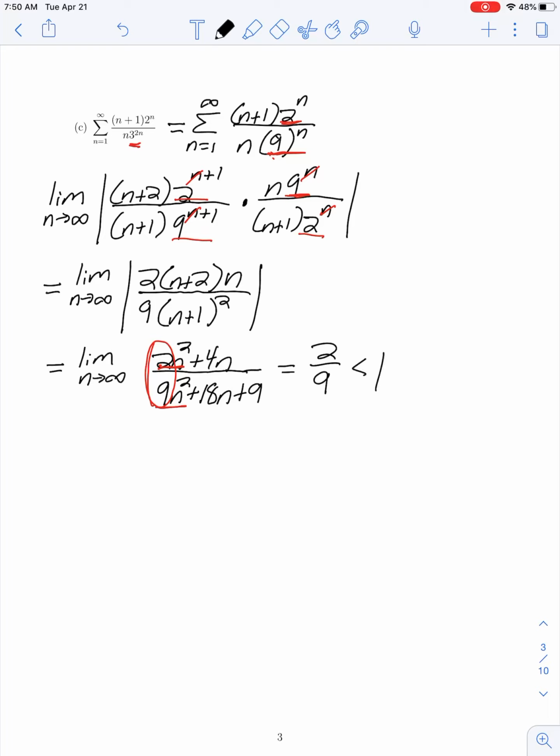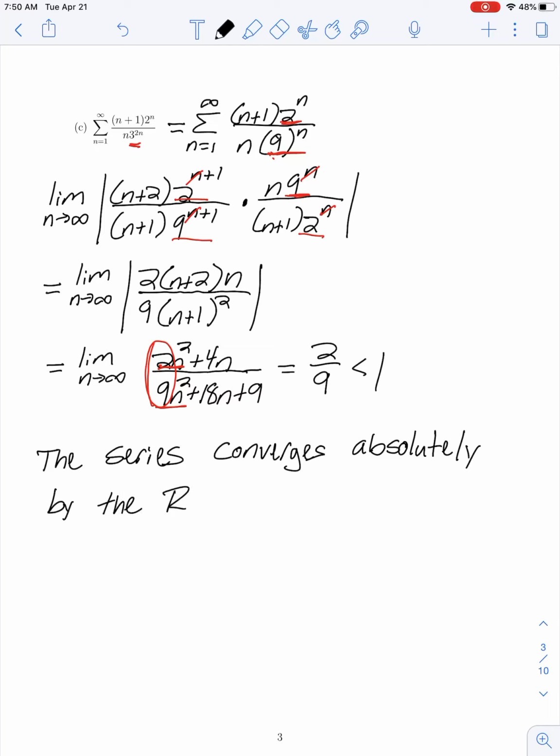So if this limiting value is less than 1, we know by the ratio test the series converges absolutely. By the ratio test.